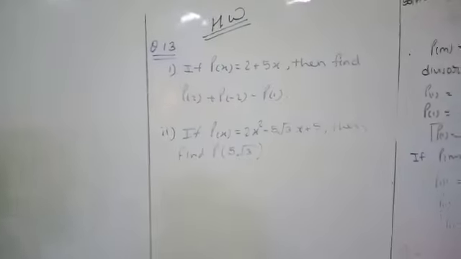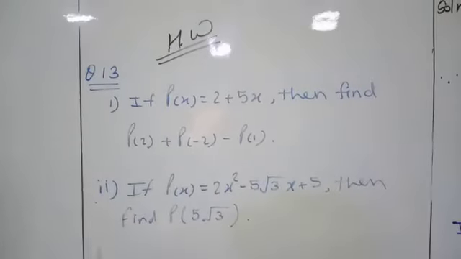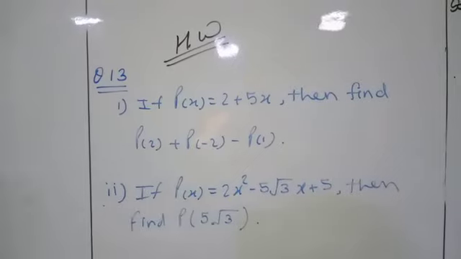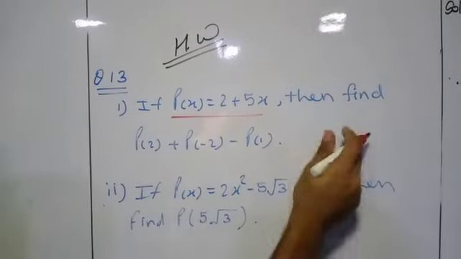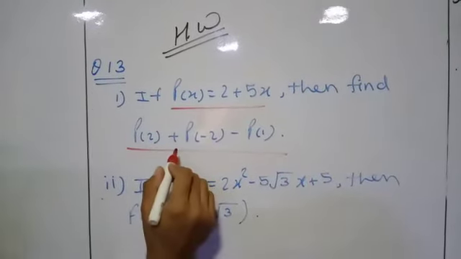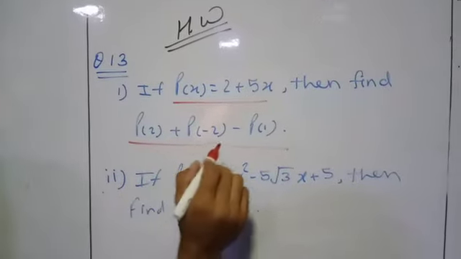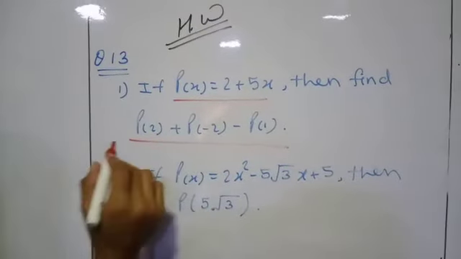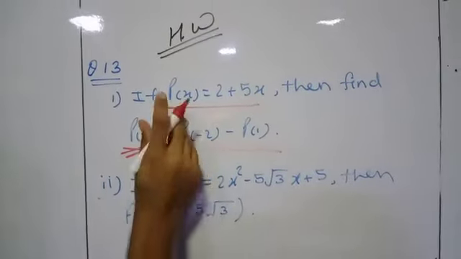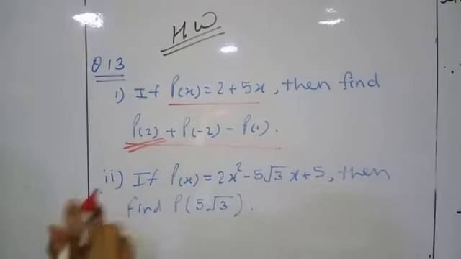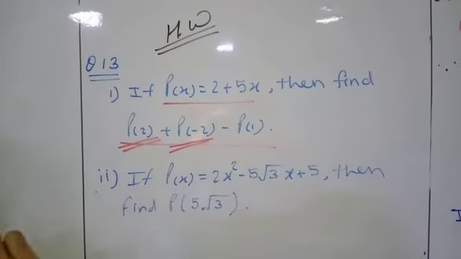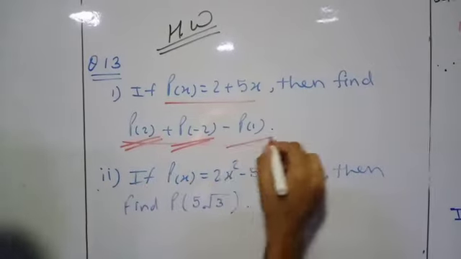Question number 13. In that, two sums are there. If p(x) is given, then find p(2) plus p(-2) minus p(1). First find p(2): at the place of x put 2, then find p(-2), then p(1).